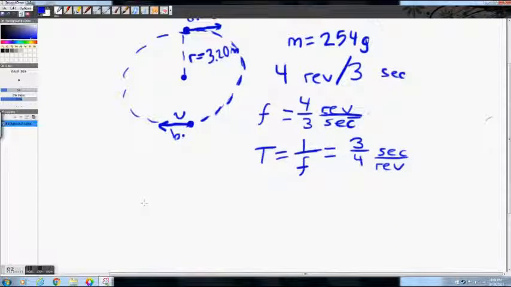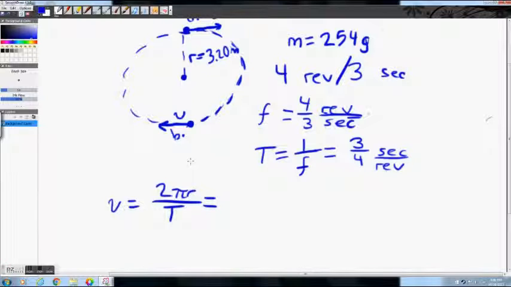Now, we know velocity is equal to 2 pi r over period. So we use that period, take 2 times pi times r, and plug those in. 2 times pi times 3.20 times 4 divided by 3.